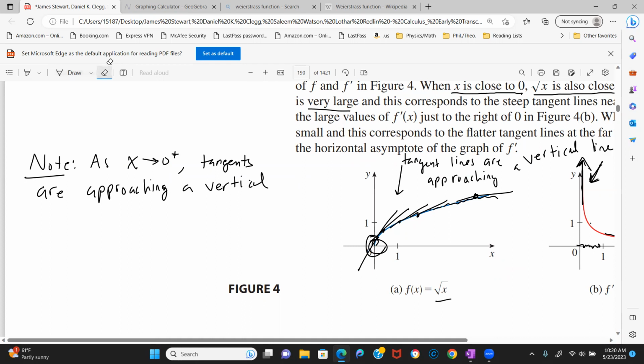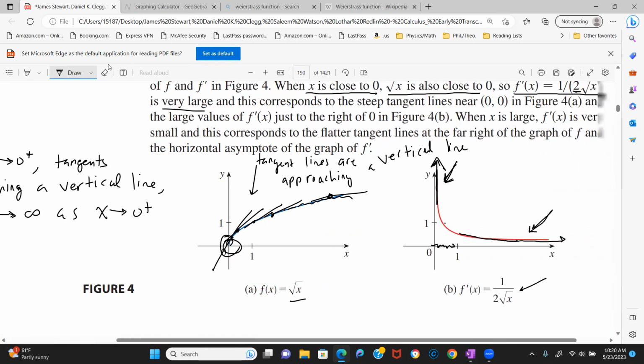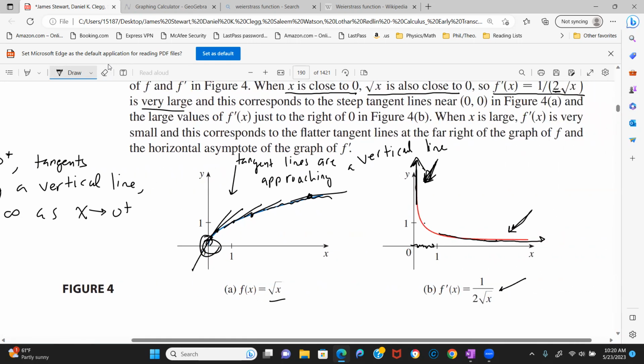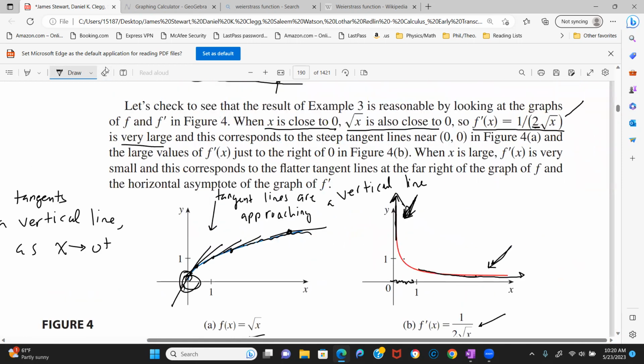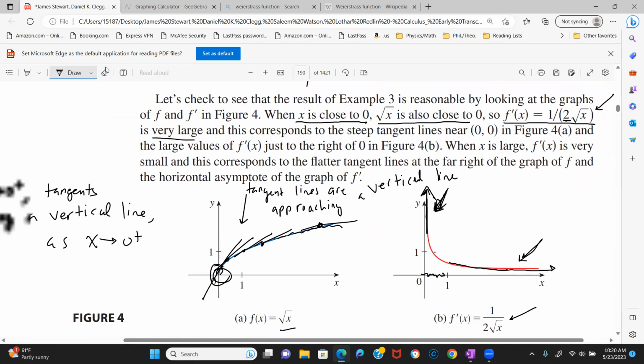So that means that the derivative should be going off to infinity as x approaches 0 from the right. And that's exactly what it does. We see that here. And you can also just take the limit of this derivative right here and see that it goes off to infinity.